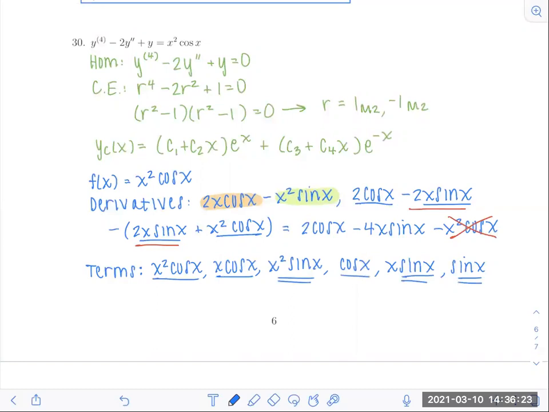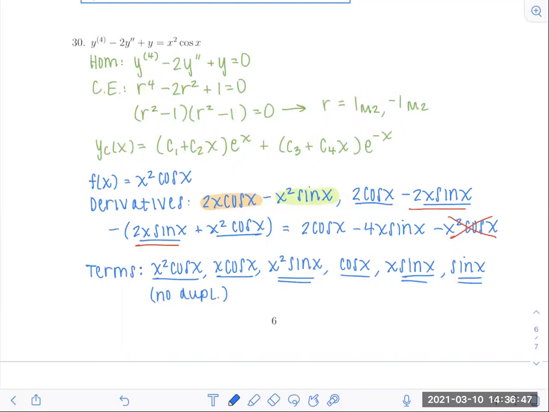All of my terms up top were exponentials. And so in this case, I actually don't have any duplication, which means I don't need to worry about multiplying by any smallest power of x. But you can see why the book did not want you to work this one out and solve, because it's going to have 6 unknowns.